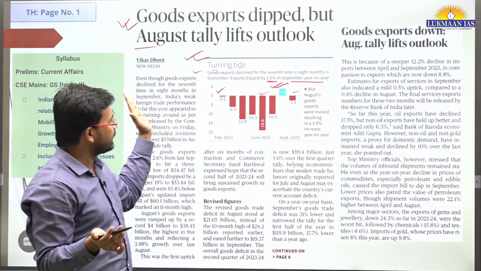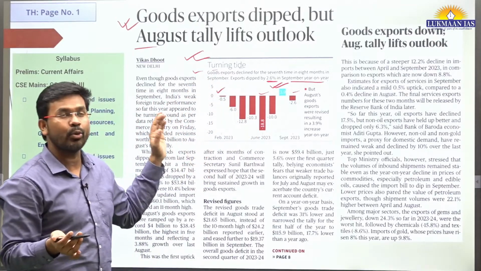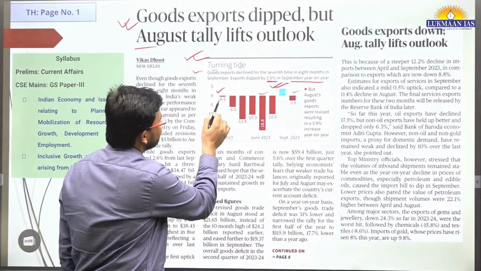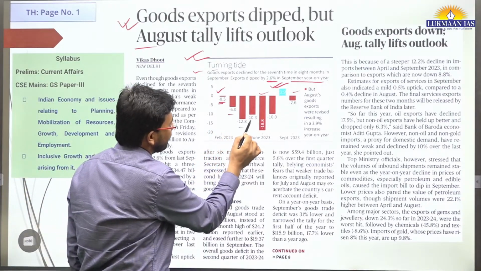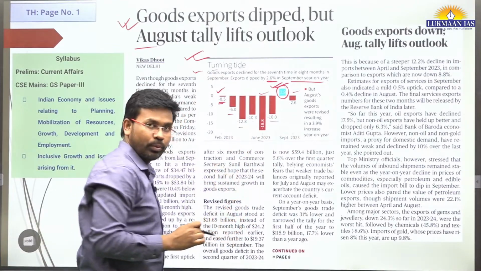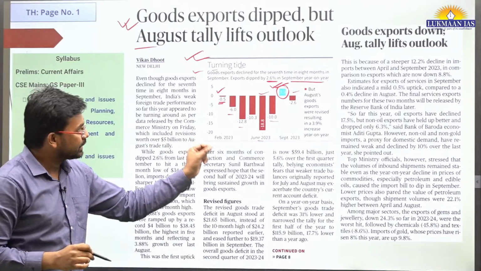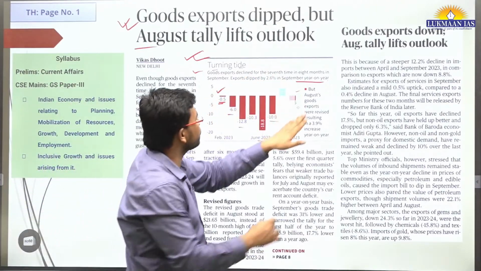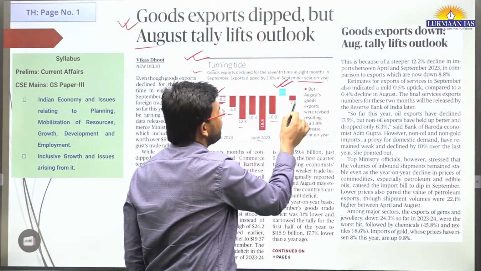The thing is the export has gone down in almost all months. From the month of February, the export was negative. But in the month of August, this export has gone up. In the month of August only, we see a positive trend.